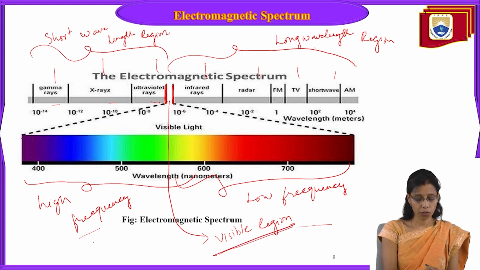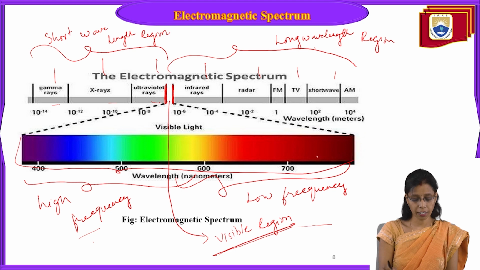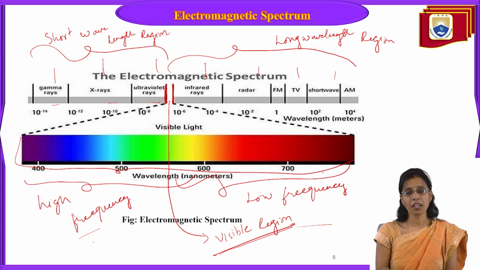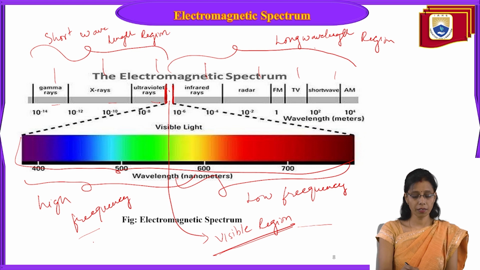This is the total extent of the visible region, which extends from 0.4 to 0.7 micrometers. Generally the units will be in nanometers. So this is the visible region.